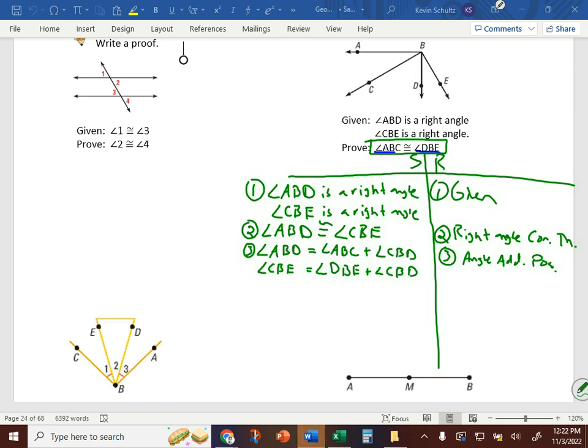Because eventually we want to work down to ABC by itself is congruent to DBE by itself. So we're setting up these equations, right? And so we're working toward getting ABC congruent to DBE. So do you just have to start with everything, like your given, and then slowly work it in? Exactly. How do you know? Practice.